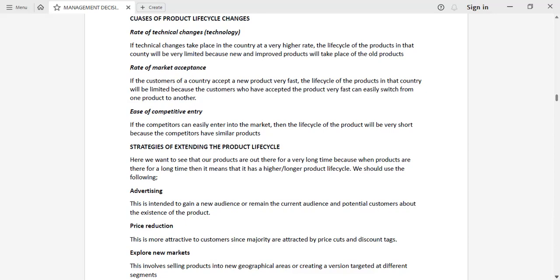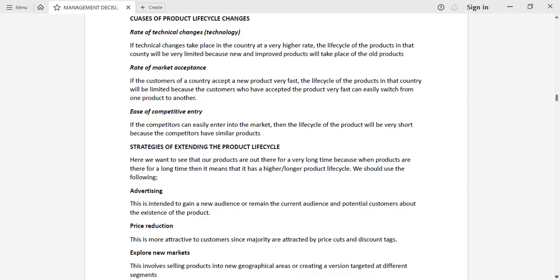But for restricted entry into the industry, like for example Microsoft, where it's Bill Gates who is there, the entry is restricted. You find that customers have no alternatives. And if the customers have no alternatives, it means the product life cycle is going to be long, because no one is allowed to penetrate that market to dilute it.